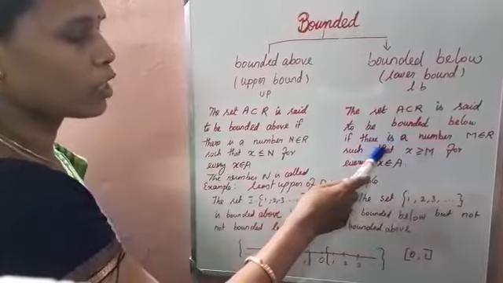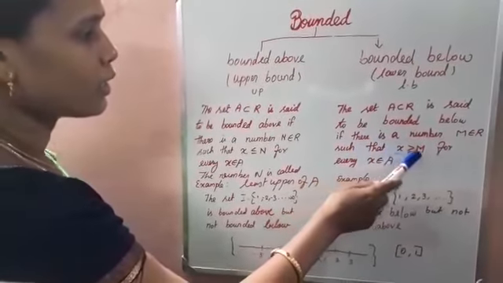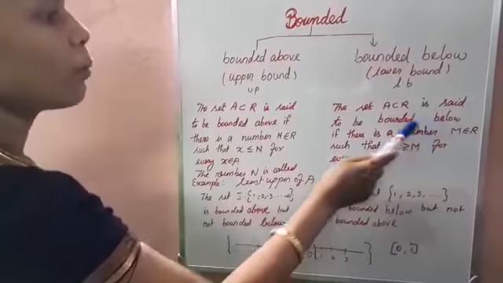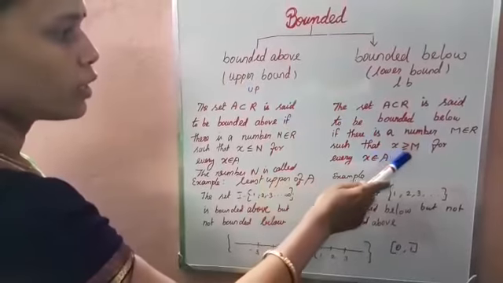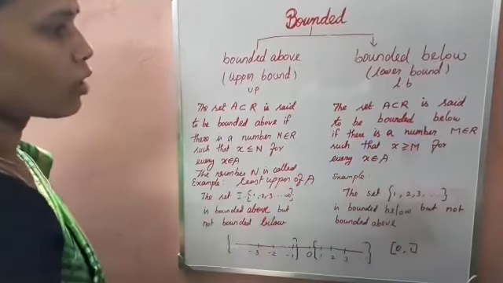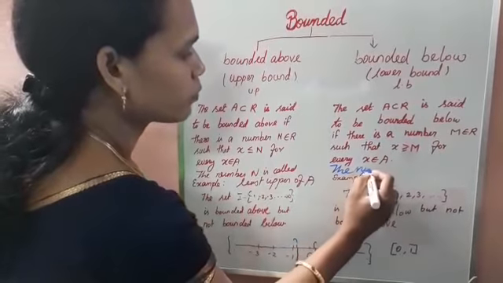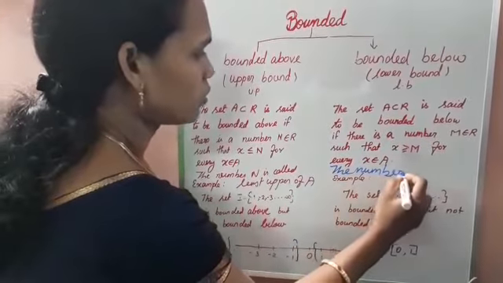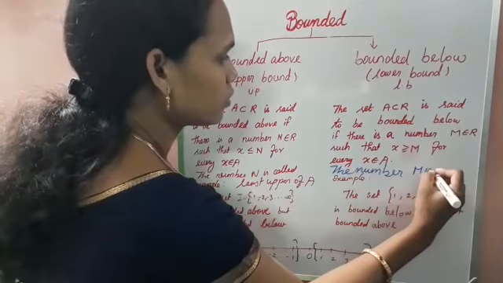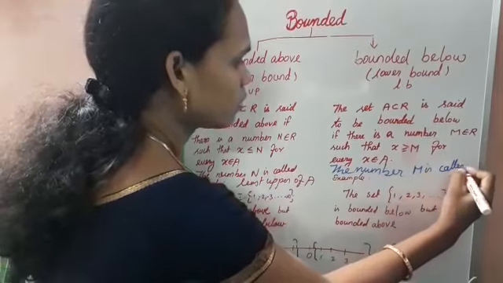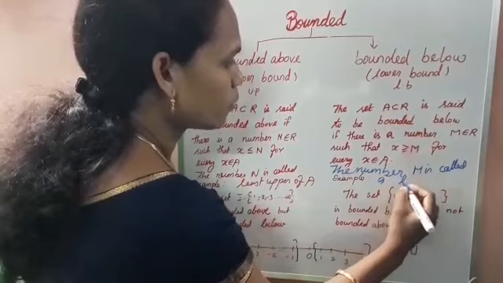Then the number m is called a lower bound.